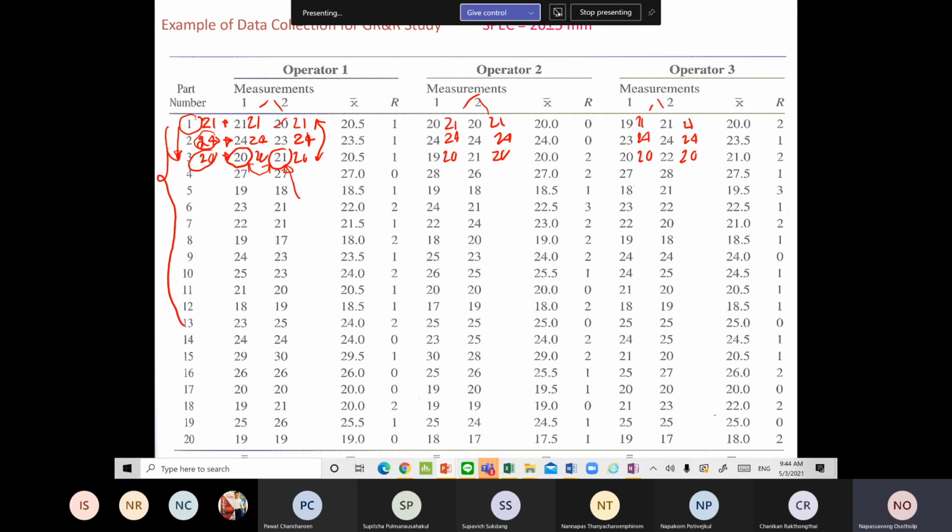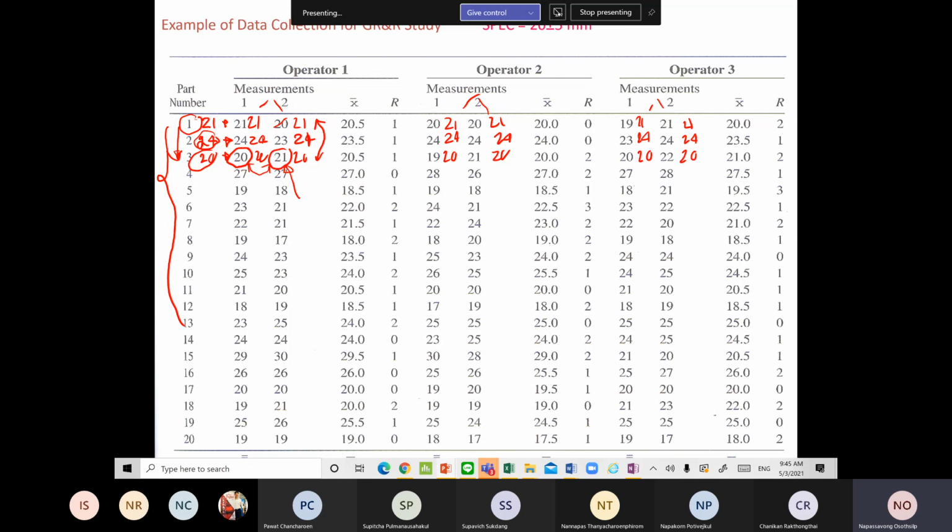And then we can believe in the performance of the measurement system to distinguish among the parts. Distinguishing among the parts means if the part is large, we will have a large measurement. If the part is small, we get small measurements, and it's precise, because it's not depending on error or differences among operators.